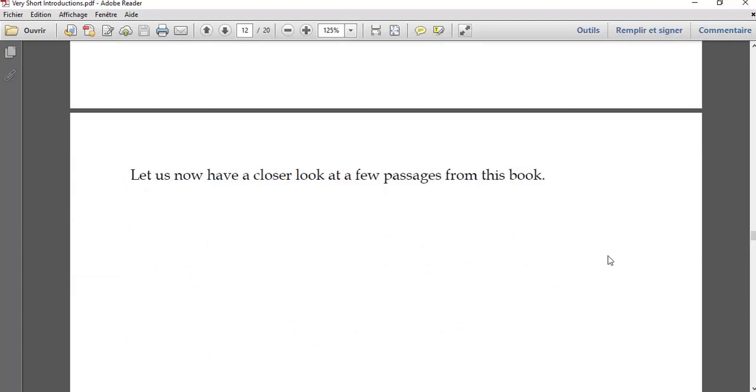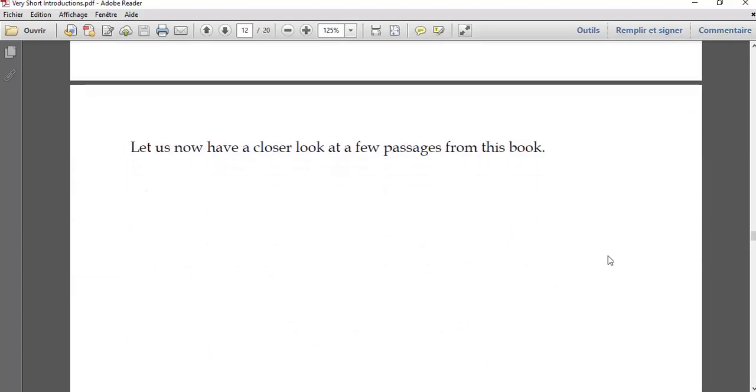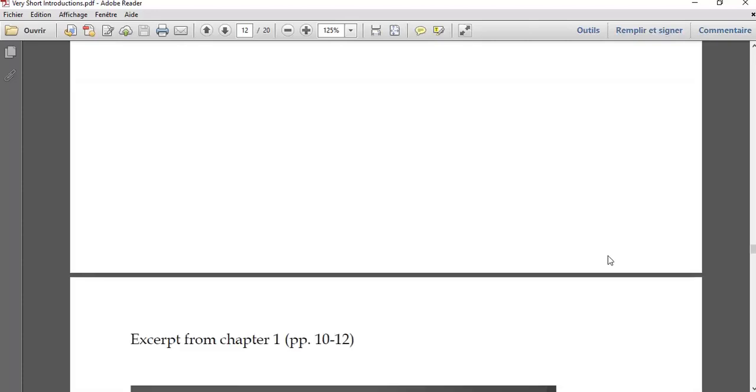I will now have, together with you, a closer look at a few passages from this book. I have selected passages from chapters 1, 2, and 7. If I'm not mistaken, let me double check because I have suddenly a doubt.